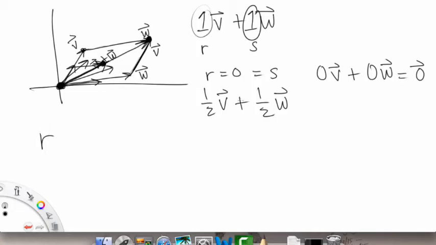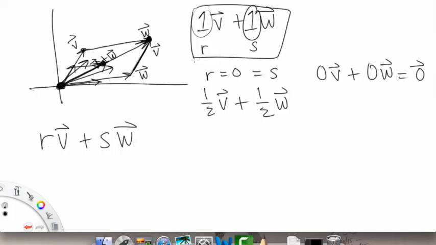So generally, with this linear combination formula, r times vector v plus s times vector w, we see the extreme cases, right, when r is 1 and s is 1, it reaches all the way to this corner here, the top right. And we see when r and s both equal 0 as well.